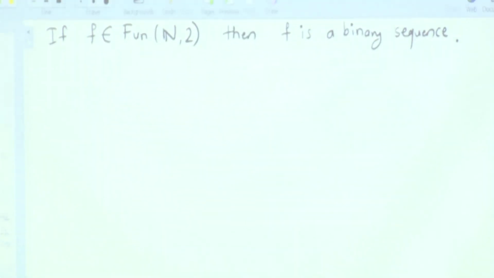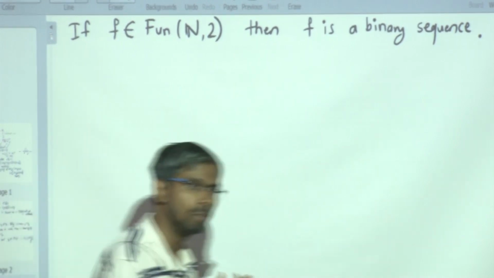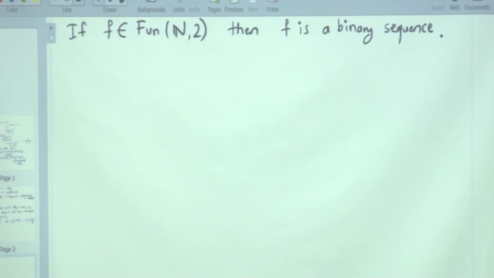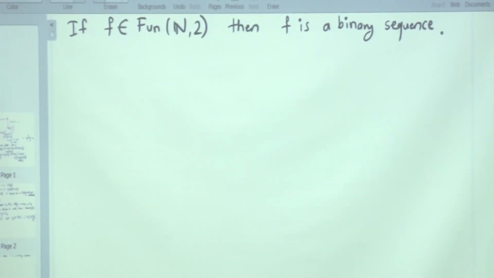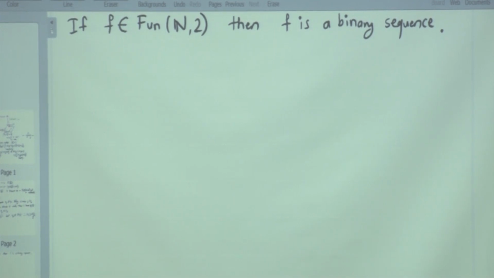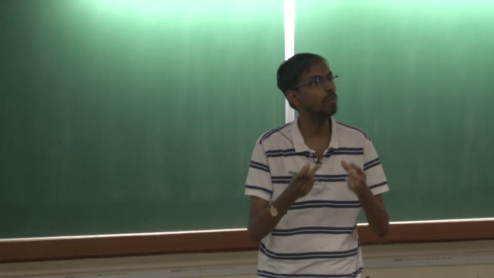Actually, we can work with binary sequences. So all of you know that every number has a binary expansion as well. Similar to decimal expansion, every number has a binary expansion. But there is a problem. If you remember, while constructing real numbers with decimal expansions, we ran into some issue, right? 0.99999... is the same thing as 1.000... So those two numbers have to be identified.